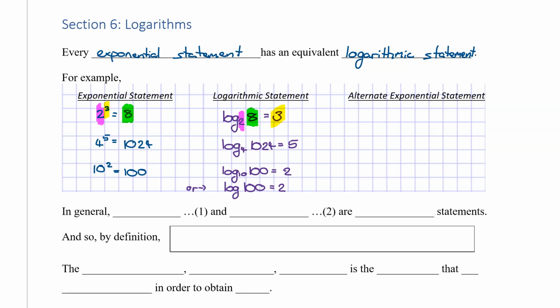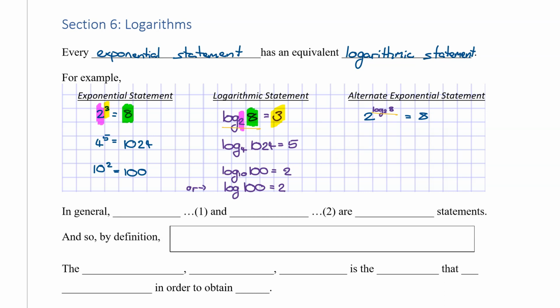Now if we look at the alternate exponential statement, we could say 2 to the power of something equals 8. If I grab my purple pen again, I can write 2 to the power of log base 2 of 8, because we know that this statement here is the same as this one here.